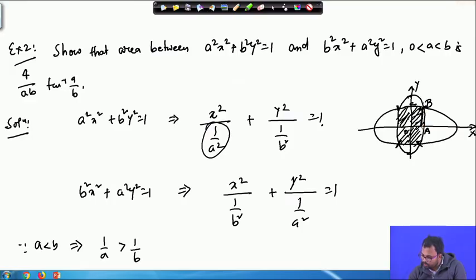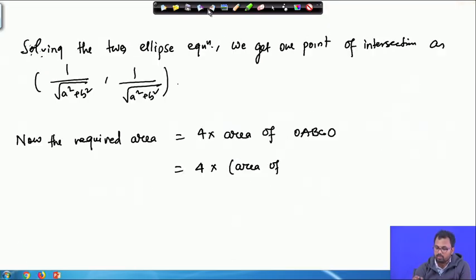Suppose this point is P, so I'm calling this point P. That means we are basically taking the area of the entire region as the area of 2 different regions bounded by these 2 curves, because this is the first curve and this is the second curve. So we will integrate first from here to here and then here to here.